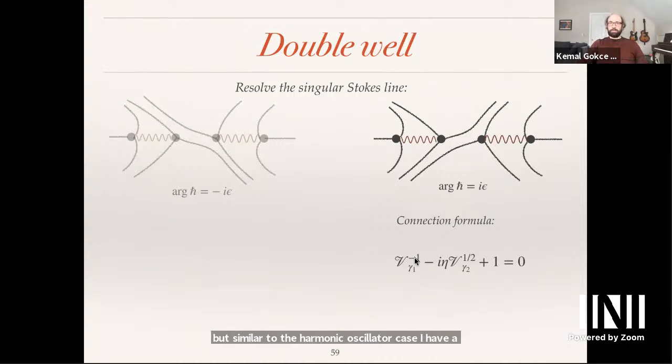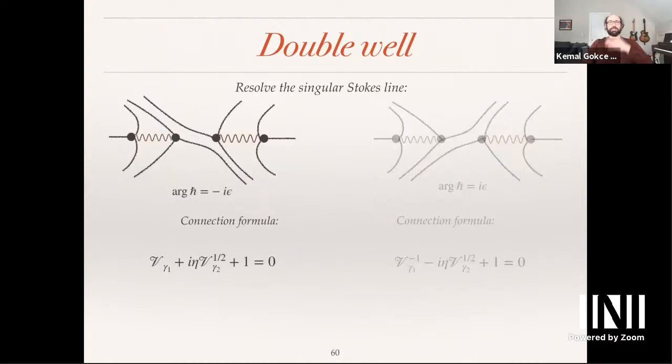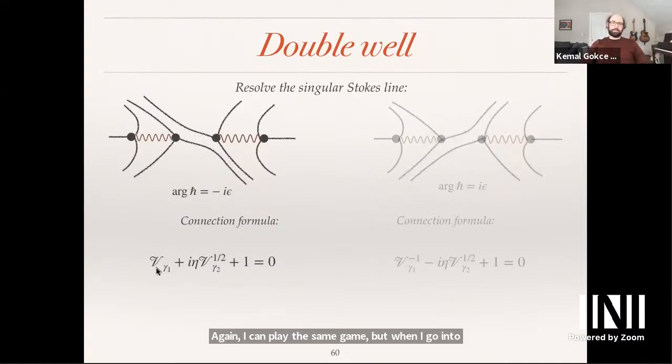There's a -1, that's just conventional, related to the orientation of my cycle, and then there's a 1/2 here, which is going to be important, and my parity shows up here. Okay, again, I can play the same game, but when the argument of h bar is negative, then I get another connection formula, which is different from this one. You see that this sign is different, and the power is different.